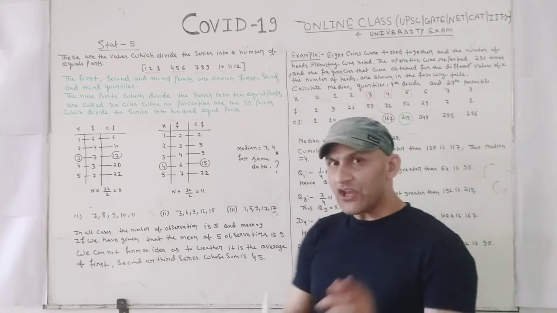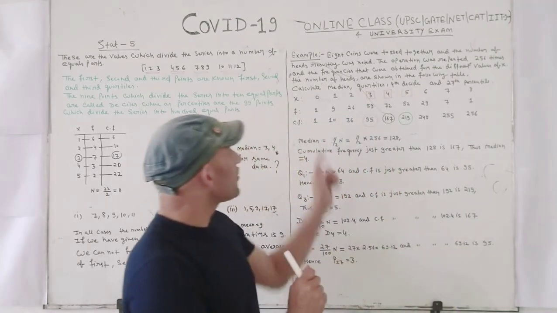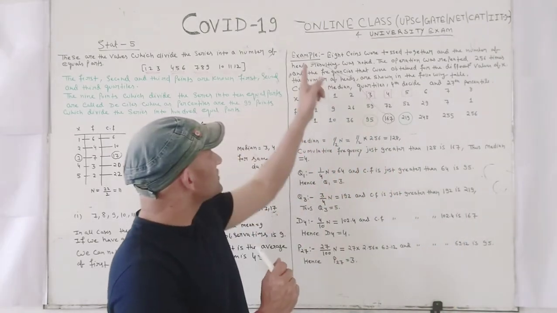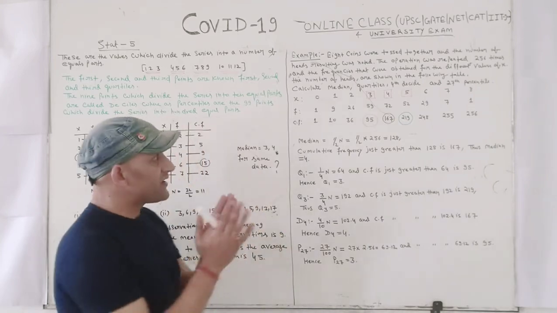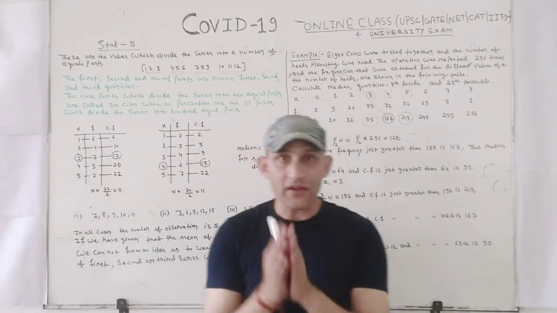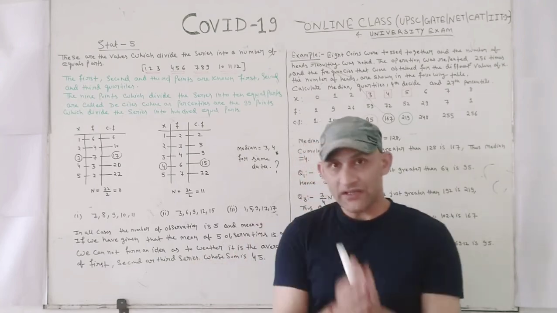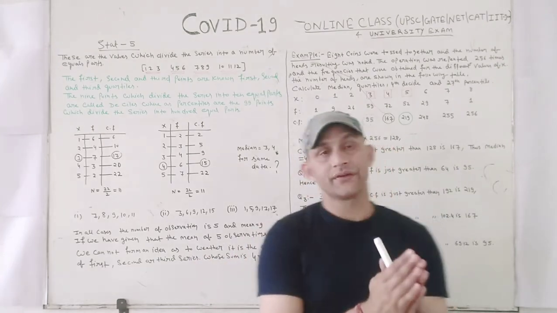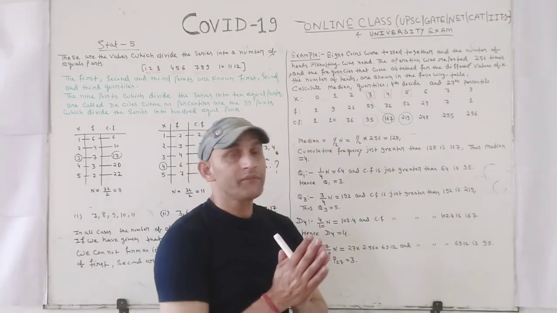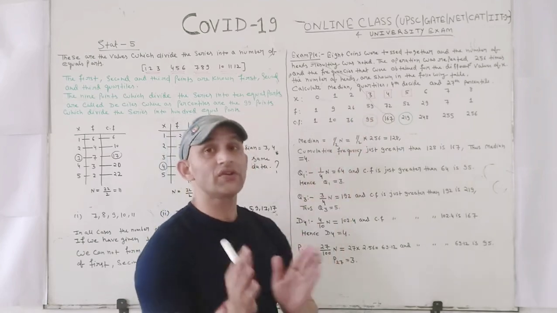Now, in your exam, what do they ask? Whenever you have divided the data, they ask you to find the quartile, the decile and the percentile. How to find it? This is an example they asked in a previous year exam.